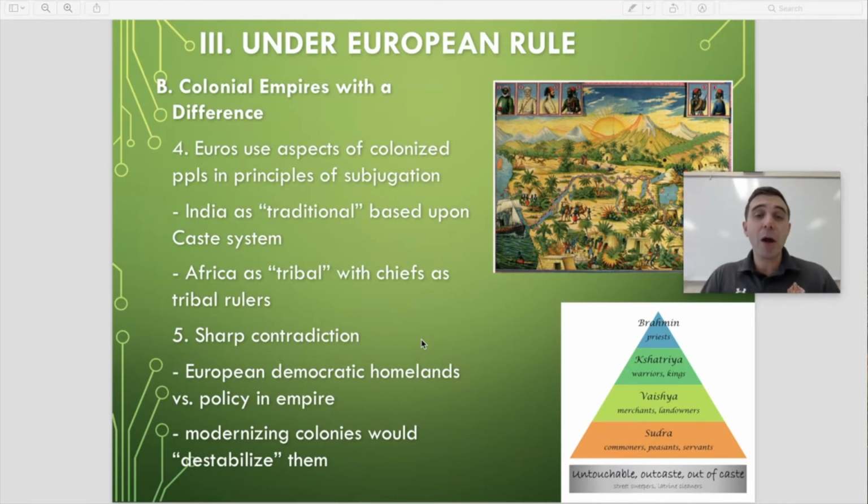They'll say that by modernizing those colonies, they would destabilize them because they would upend the social structure, the way that their lives had been, and so they're helping them as they can. So it's a weird contradiction justifying staying in control, because if they were to modernize too quickly, it would destabilize these nations in Africa and Asia, and they would have no shot. They would just implode upon themselves.